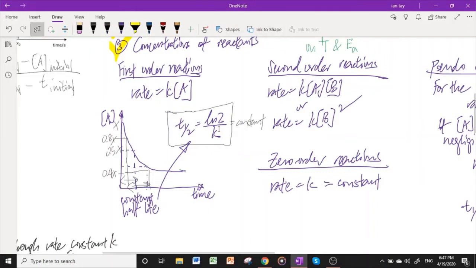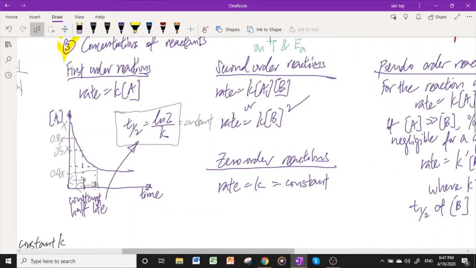Now, second order reactions. There are two types actually of second order reactions. The first one is where rate is dependent on the concentration of one reactant raised to the power of 1 multiplied by the concentration of another reactant also raised to the power of 1.